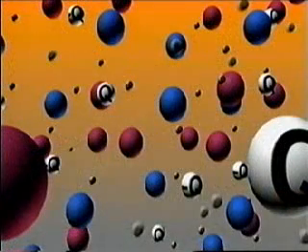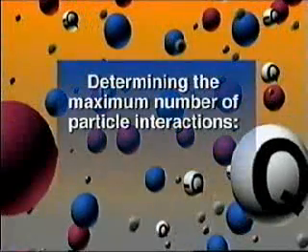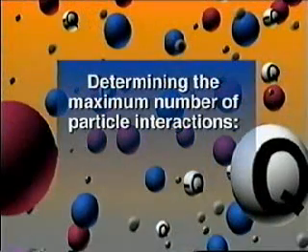Okay, so let's see what this means in mathematical and probabilistic terms. What we're looking at first is the maximum possible number of atomic particle interactions that could have occurred.